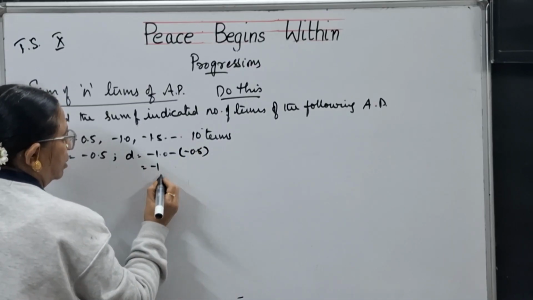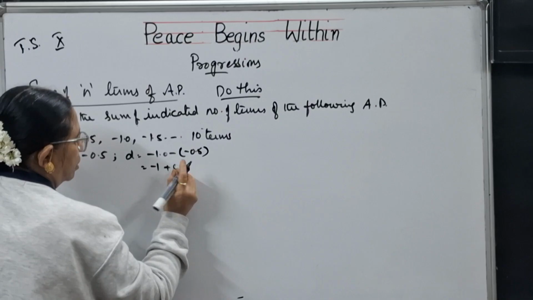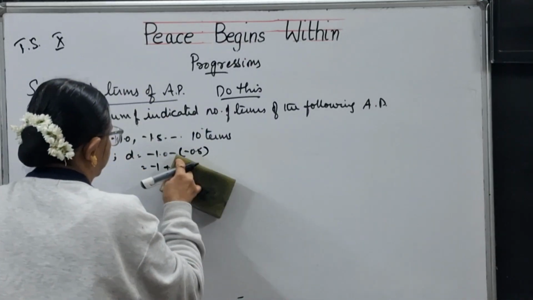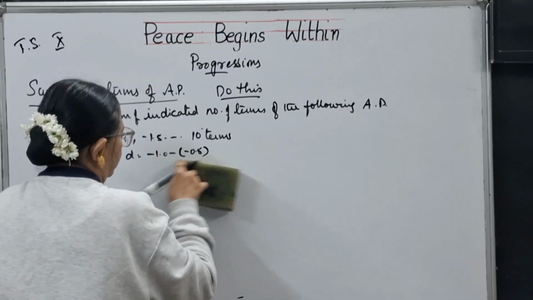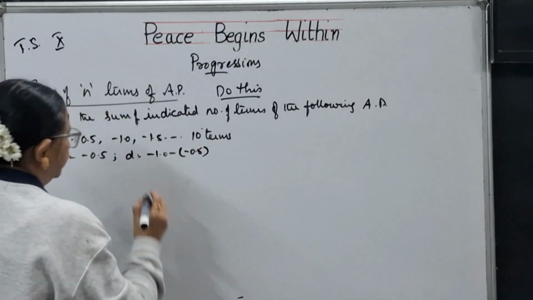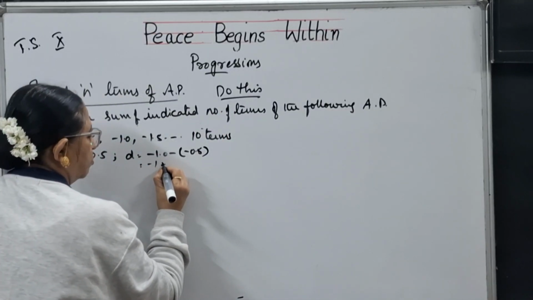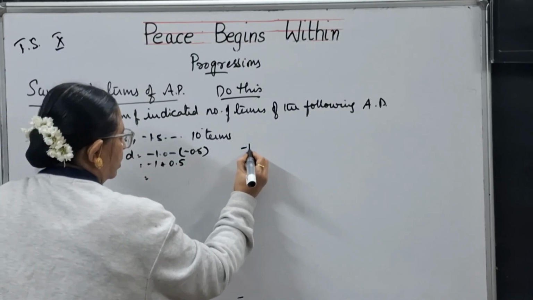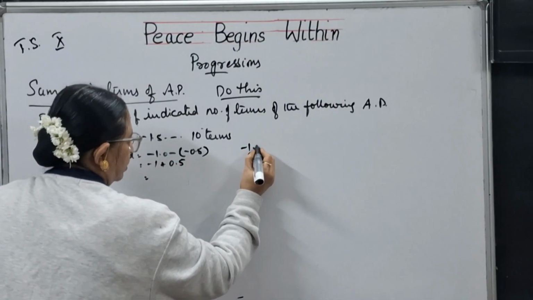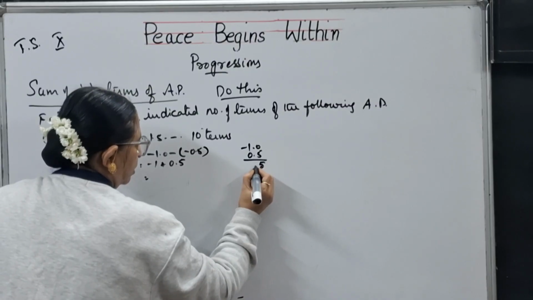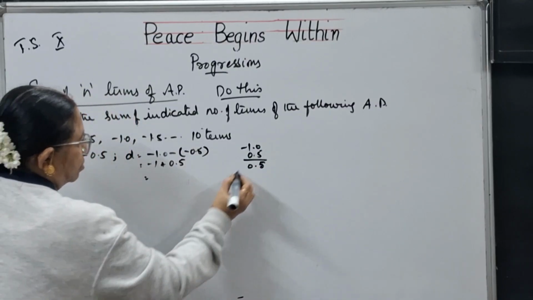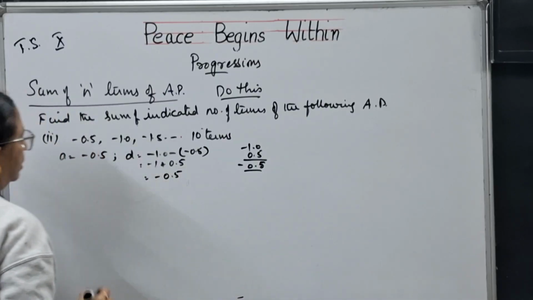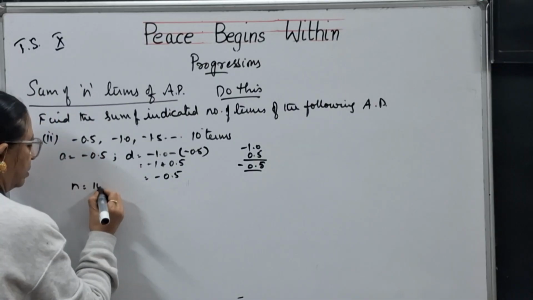That is minus 1 plus 0.5, so minus 0.5 is d, and n is 10.